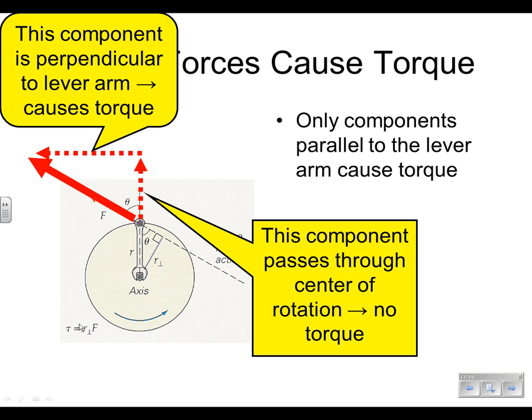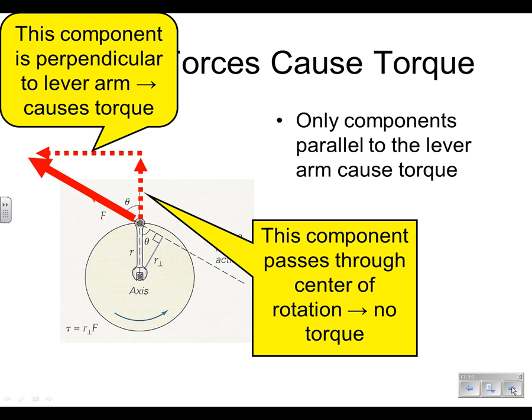So the F is the amount of force that you're applying, the D being the lever arm, the distance from the middle to wherever it is that we're applying the force, and then the sine theta isolates the perpendicular component, which is the one that causes the torque.